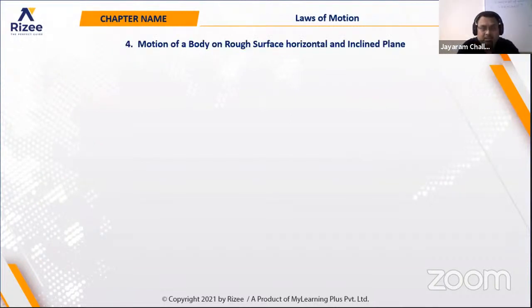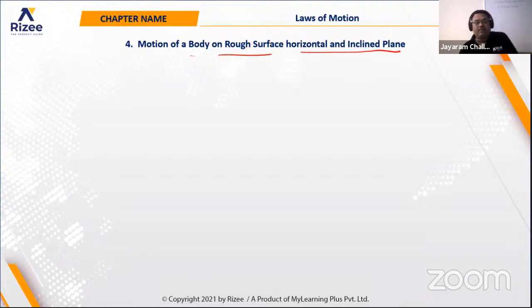Okay, so these are the basic examples, some of the things we have seen in an NLM situation. A body on a rough horizontal surface, as I have discussed, or on an inclined plane. A rough surface means motion of the body on the rough surface, horizontally or inclined. So how do you define this particular motion of the body?